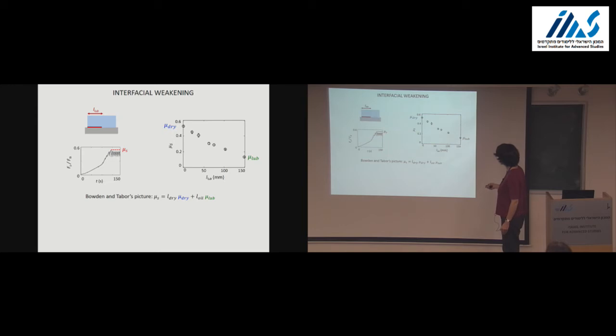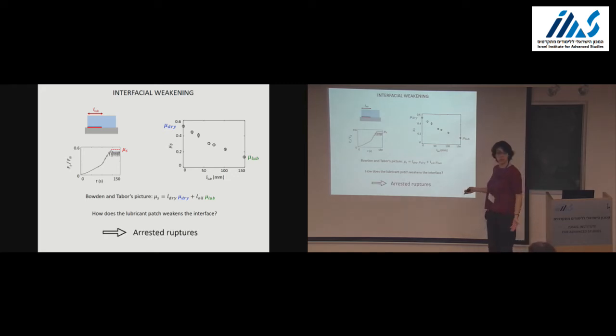And this is exactly what is explained by Bowden and Tabor, that mu s should be proportional to mu dry, the friction coefficient of a totally dry interface, and mu lubricated, the one of the totally lubricated interface. But think about it. How does it work? Does it mean that the lubricant patch will hold until a force higher than its shear resistance for the dry part to be ready to break? It doesn't make sense.